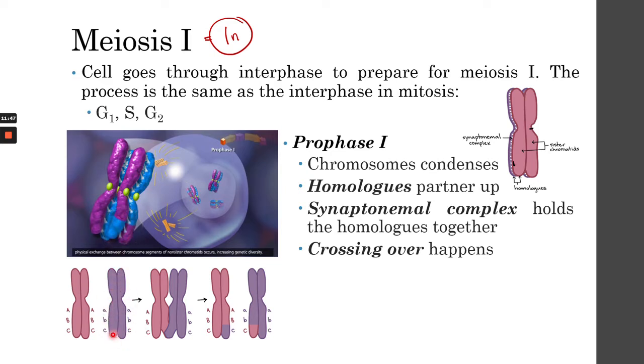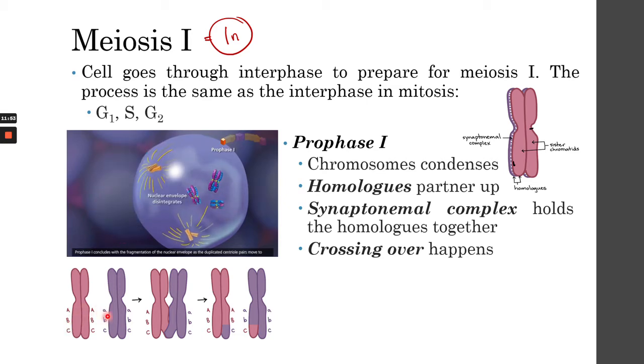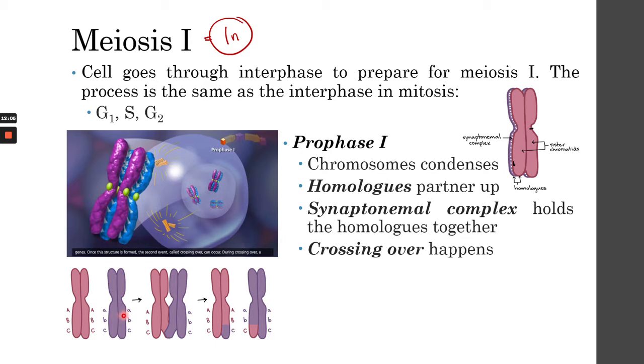We call it the homolog. And these A's, B's, and C's are basically genes, and they code for the same thing. So this gene A here and this small letter a gene here both code for the same thing. So what they can do is switch those genes.